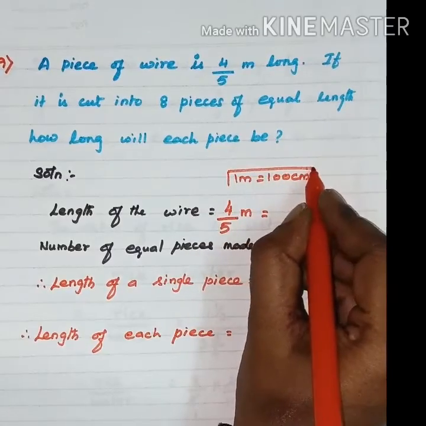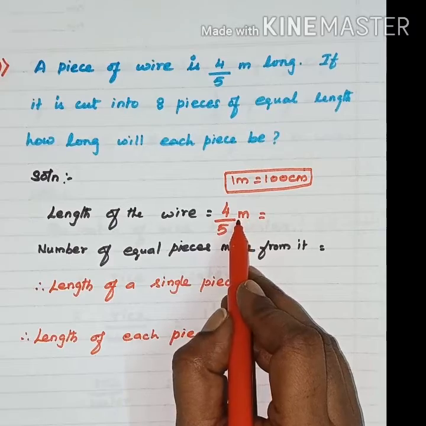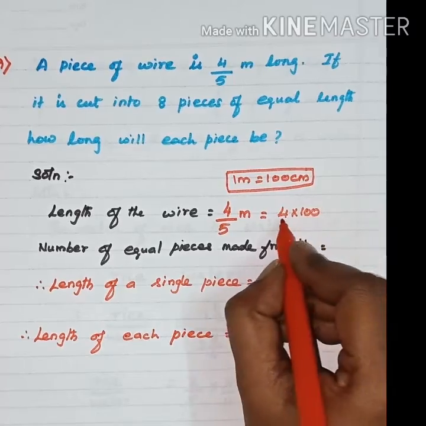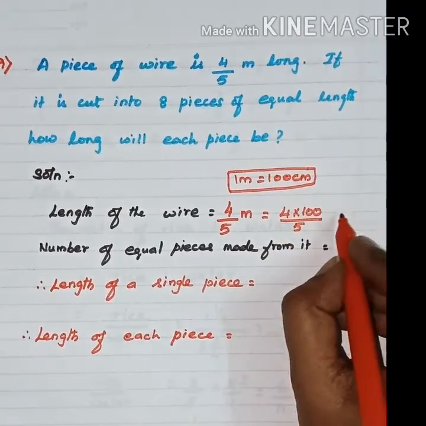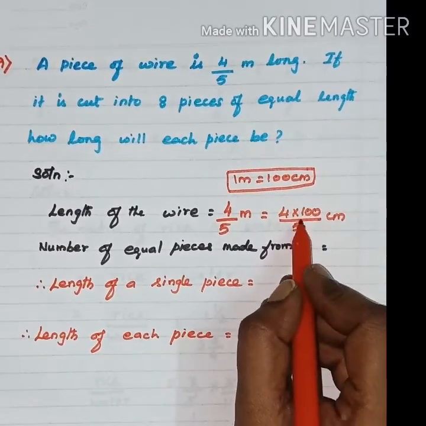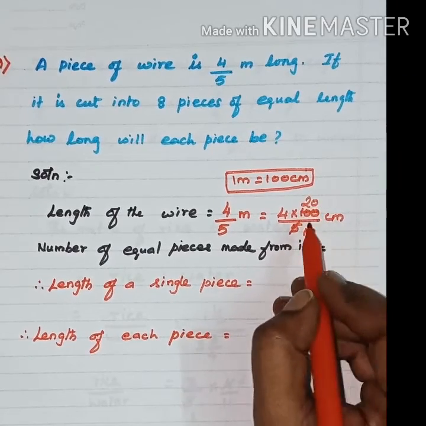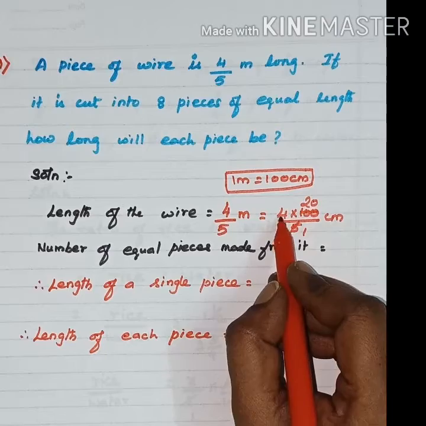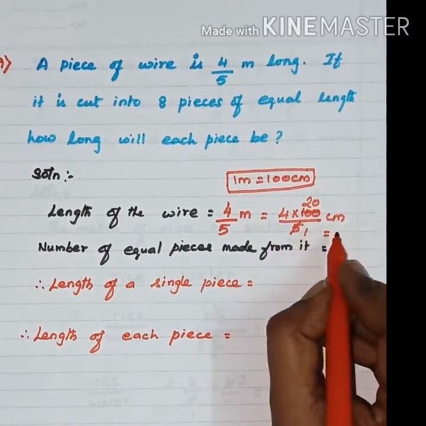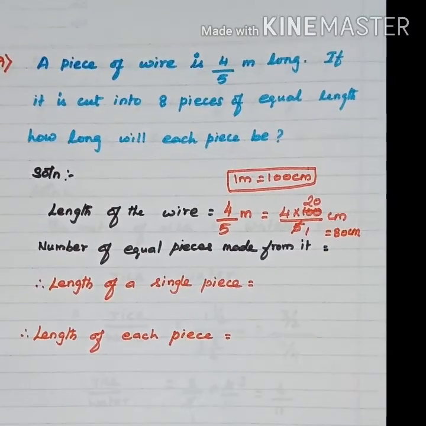You know this conversion, so we are converting the meter into centimeter. 4 into 100 by 5 centimeter. 20 5s are 100. 4 into 20 is equal to 80 centimeter.